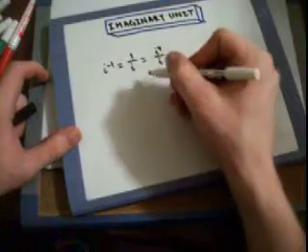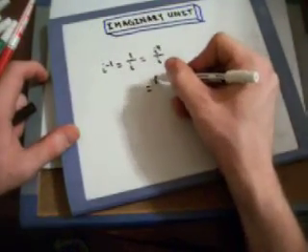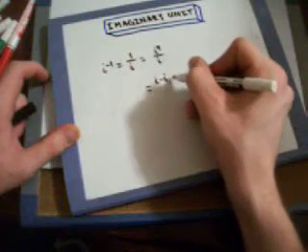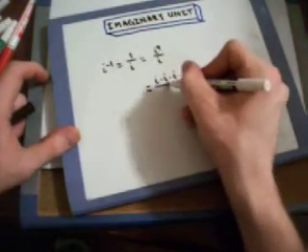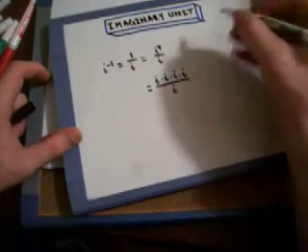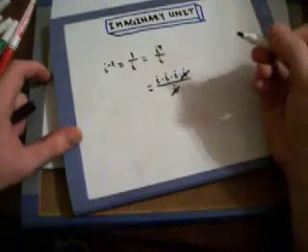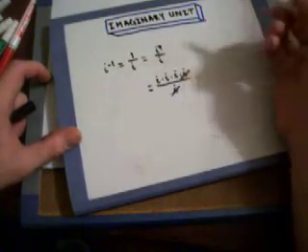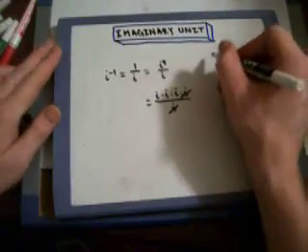Let's write this as kindergarten as we can: i times i times i times i, all divided by i. This is going to cancel out, and I'll explain why it cancels, just in case somebody is curious.